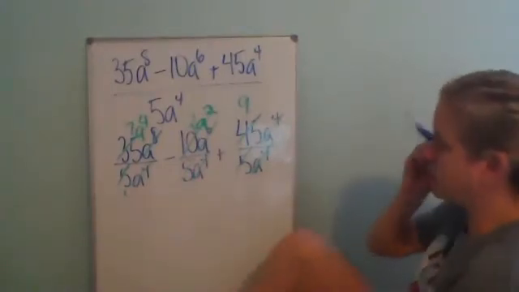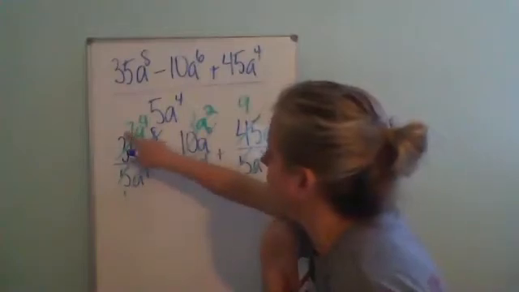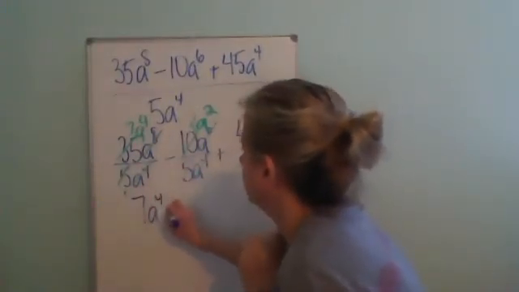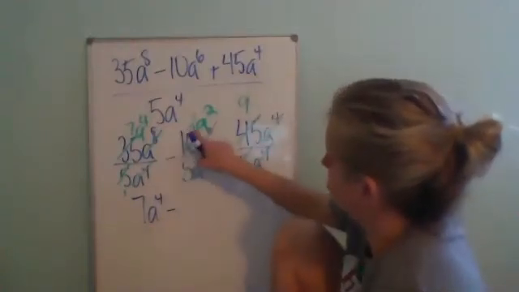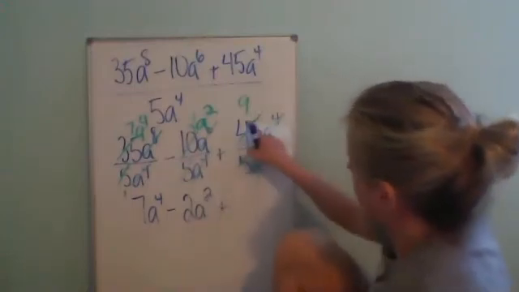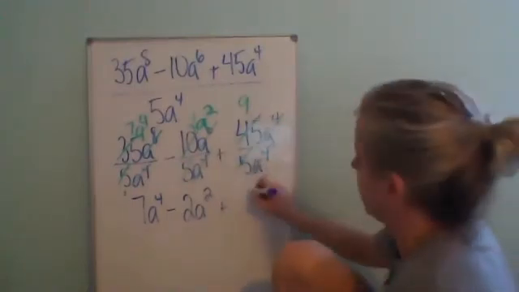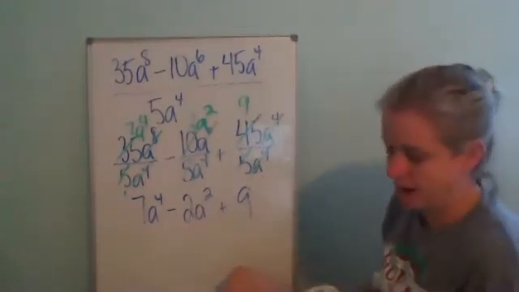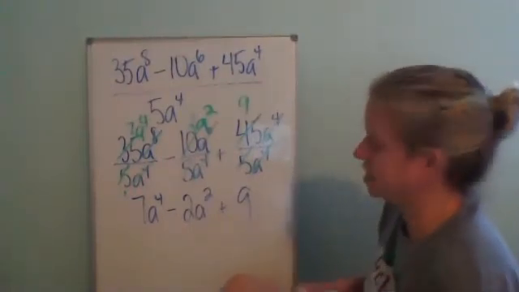So let's see what we have left. This first fraction, all you have left is 7a to the 4th, minus the second one, 2a squared, plus this last one, and all you were left with in the last fraction was that 9. So 7a to the 4th minus 2a squared plus 9.